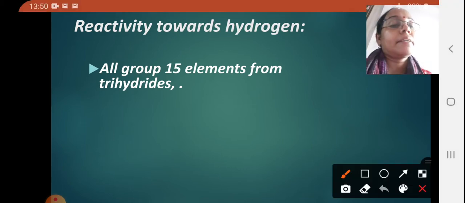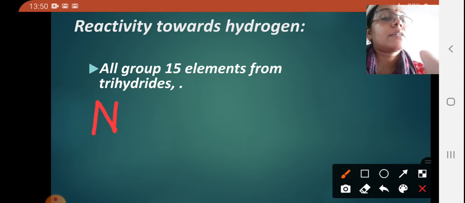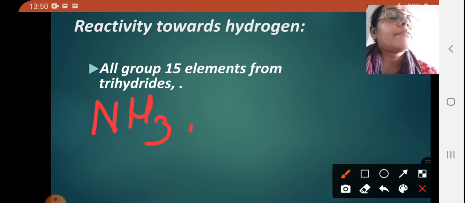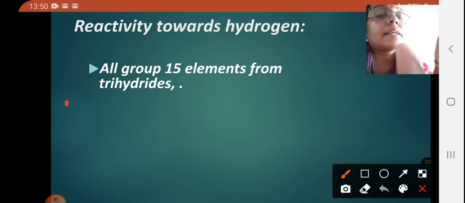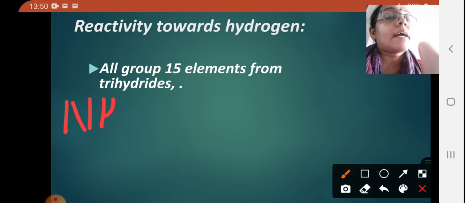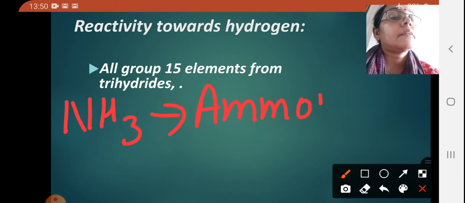For example, nitrogen will form NH3, and phosphorus will form PH3. This NH3 is a very important gas, known as ammonia gas.